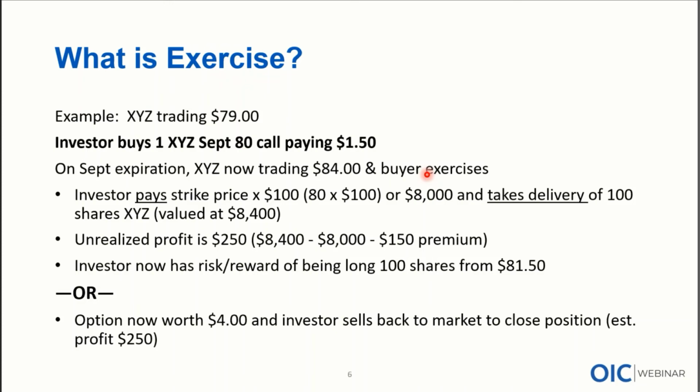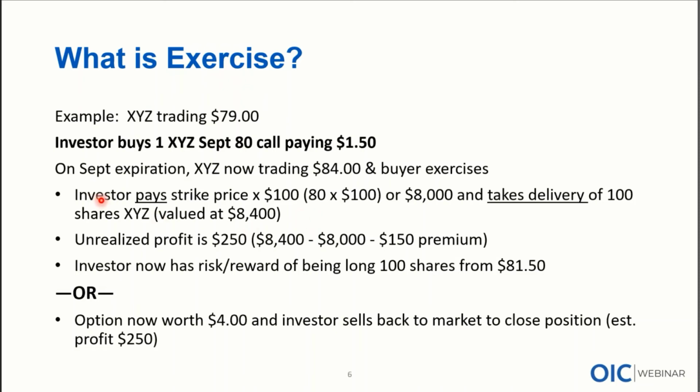But now let's say that the support level held and stock's trading up to 84, and the investor is more bullish. Their market bias or opinion is different. It's more bullish, and now they are more comfortable buying shares of stock. The option played its role.